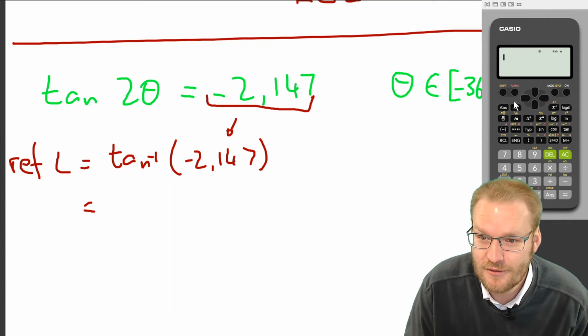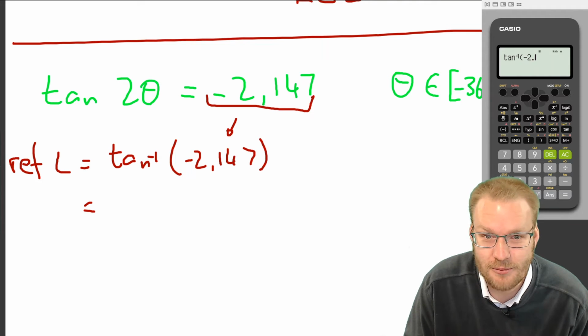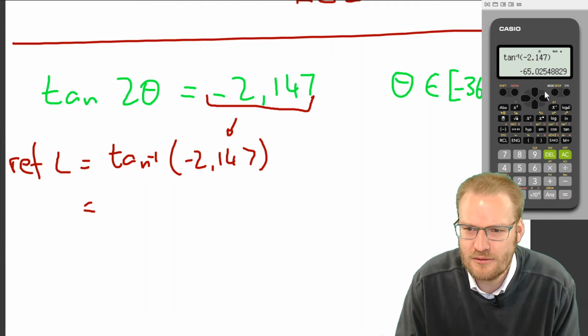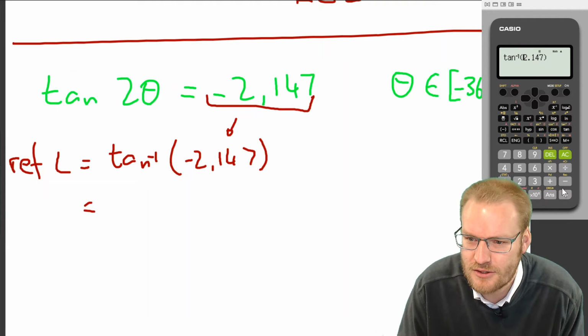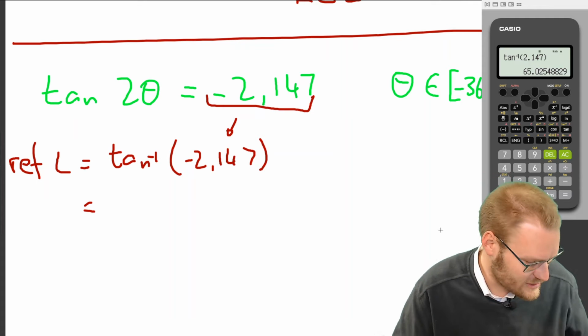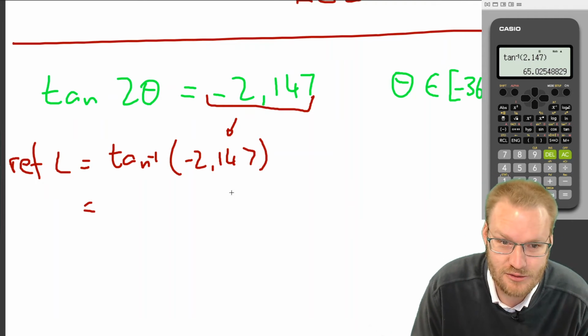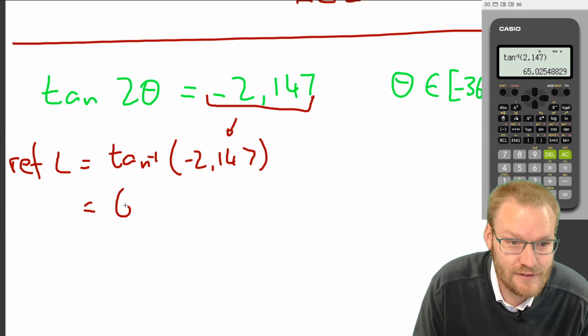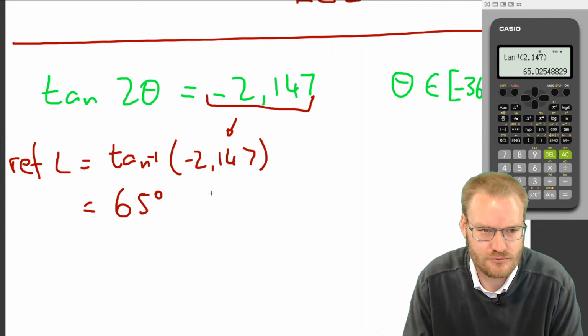So we've got shift tan of minus 2.147. Well, we just did this without the minus and said 65. I'm going to go to no decimal places because that feels a lot easier to work with. So 65 degrees is our reference angle.